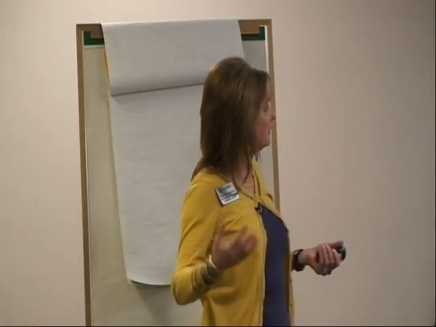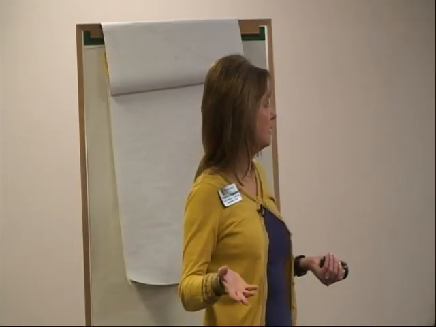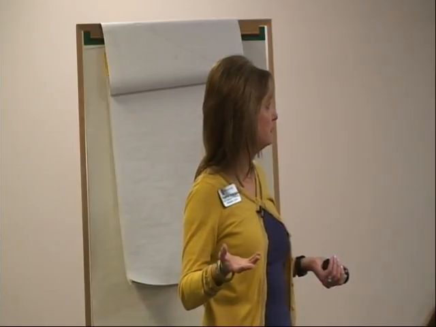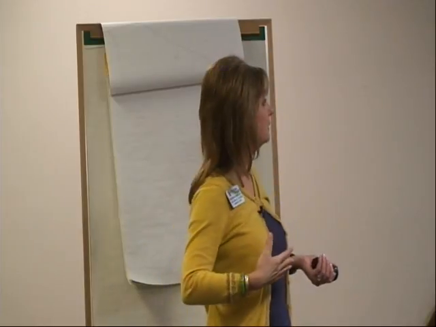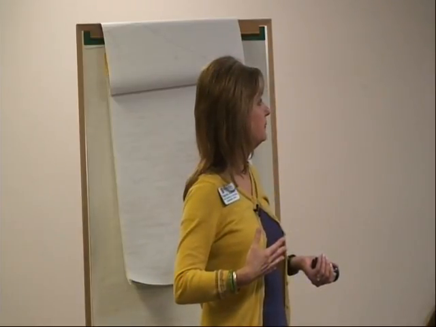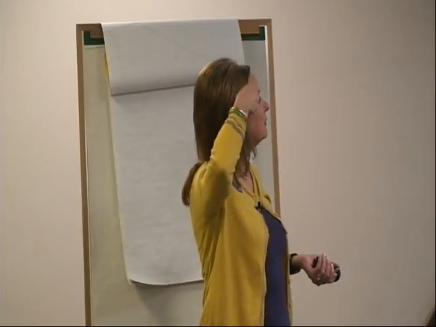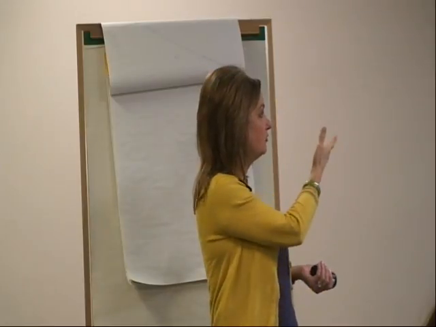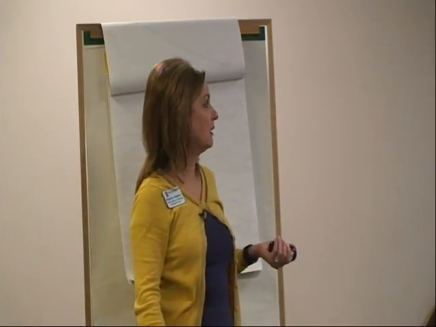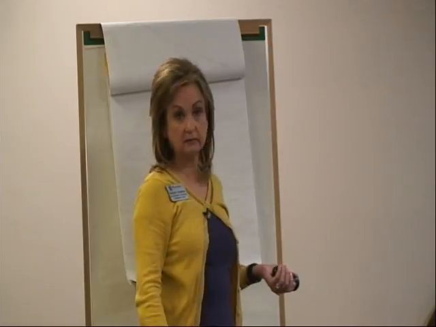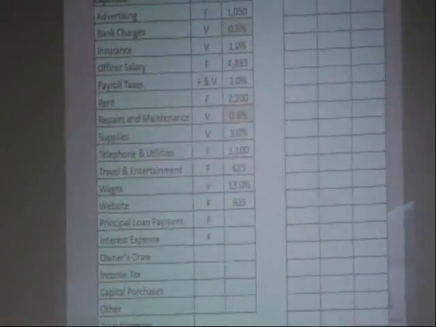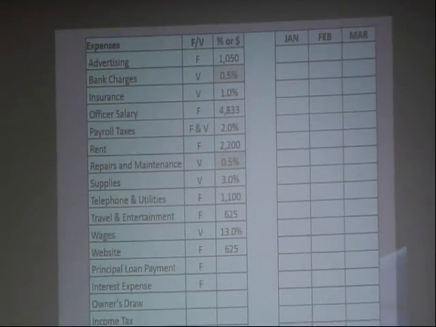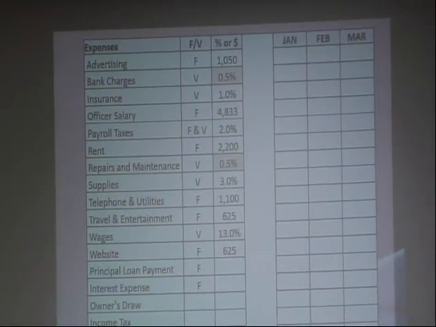Telephone, utilities, fixed, that makes sense. Travel and entertainment, makes sense. Wages, makes sense in lots of cases. And then a website. And then we have our principal loan payment and our interest payments, which are typically also fixed, right? Absolutely. Because of the way I've done this cash budget, there are other things that we may want to put on it that we're not going to deal with today.